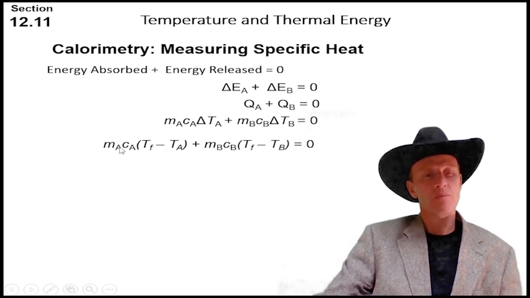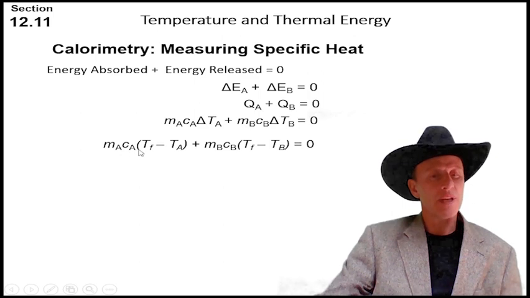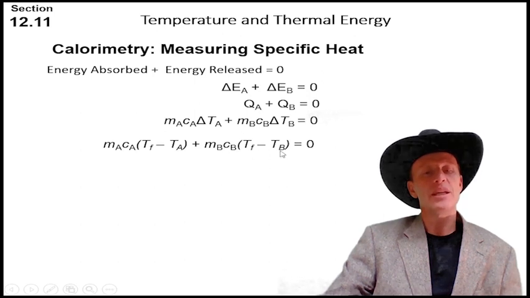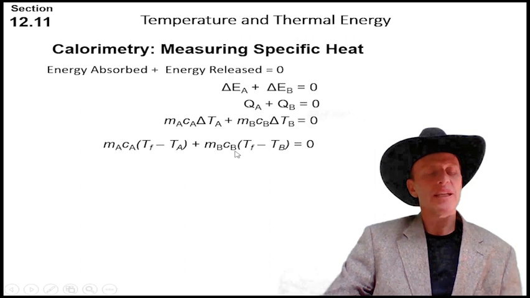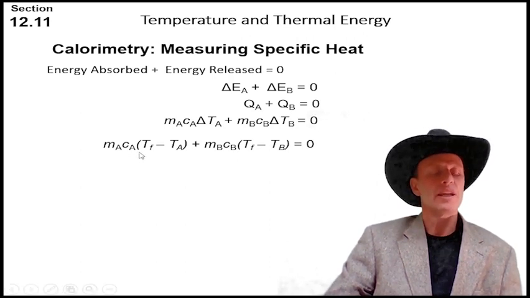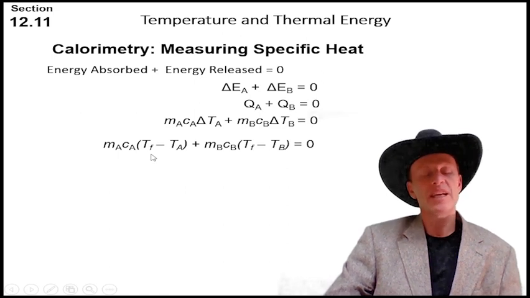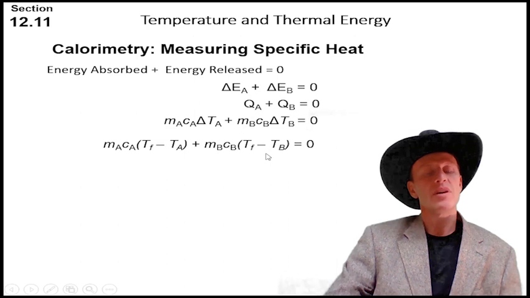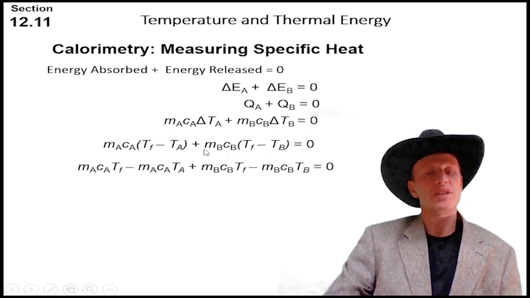For example, if we had item A, and that's what all the subscripts A represent, item A to be maybe water, and item B to be maybe a metal. We could place a metal of certain temperature into the water that is at a different temperature and maybe calculate different things like the specific heat of the metal, which would be all this data over here to the right of the plus.